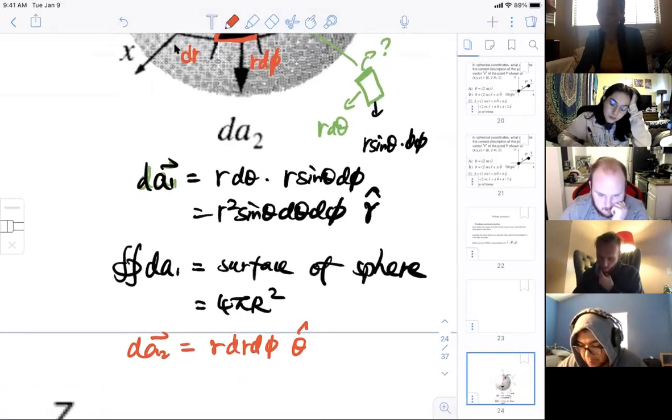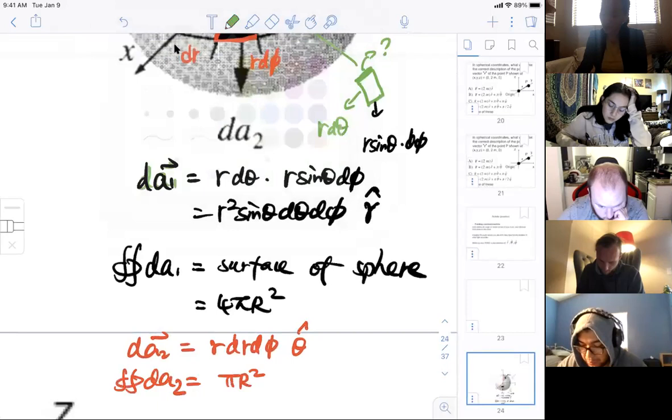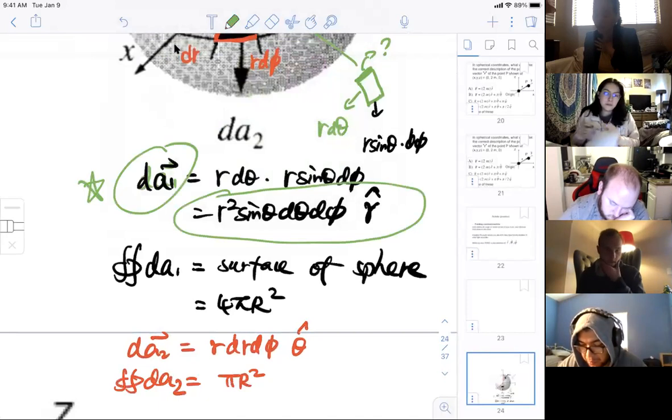Now, if you integrate it, of course, you should simply get pi r squared because you're talking about the total area of a circle. But the important one that we use a lot is this guy. It comes up a lot in our calculations, so I wanted to emphasize how to represent the spherical little patch on the balloon.